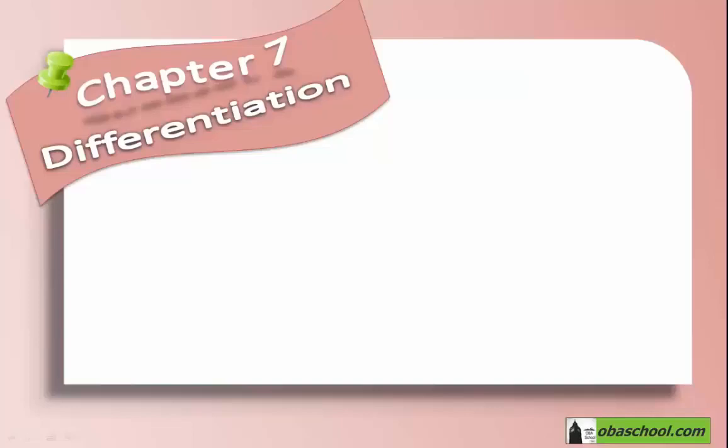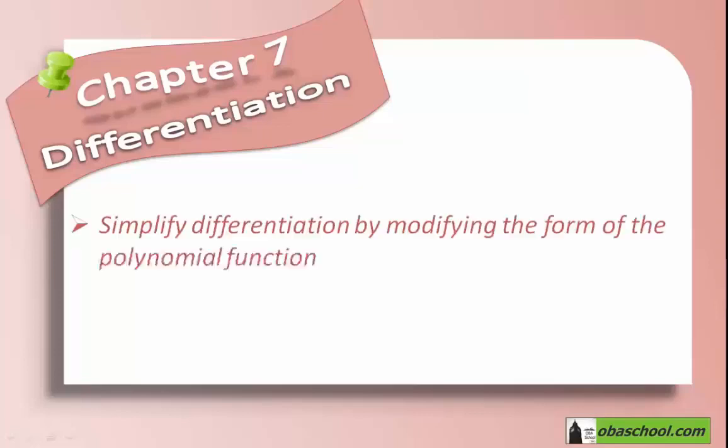In section 7.5, we are going to continue section 7.4, where we are going to simplify differentiation by modifying the form of the polynomial function.